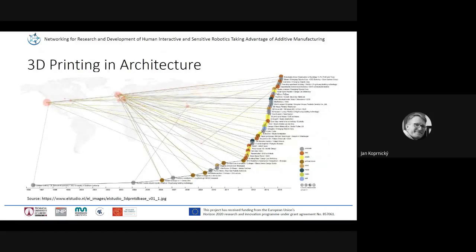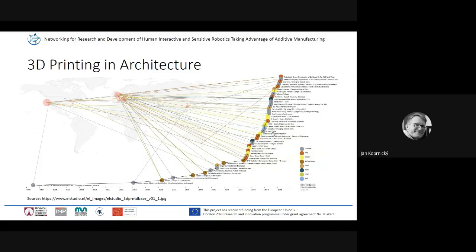if we are on the topic in general, you can also find this very nice graph on the internet. It was made by one Dutch company, L Studio, and it maps the development of 3D printing technology applied in architecture.